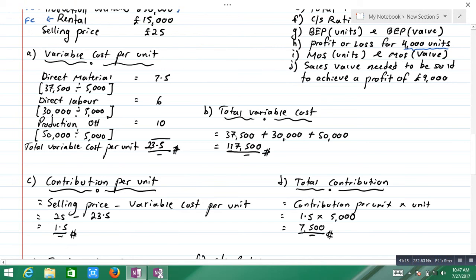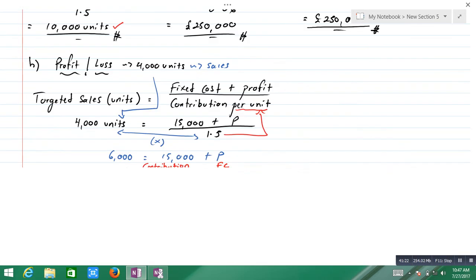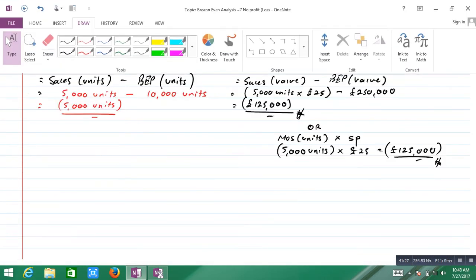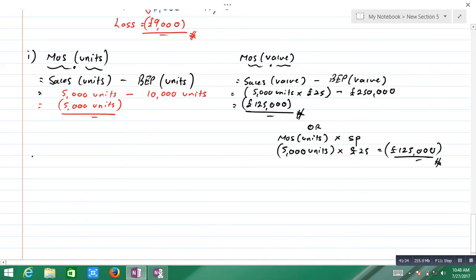So what we're gonna do here is fixed cost is 15,000 plus the profit they mention here, which is 9,000. So we're gonna put 9,000. They have a CS ratio, we get 0.06, which we already calculated earlier. So how much is it gonna be? It's gonna be 400,000.